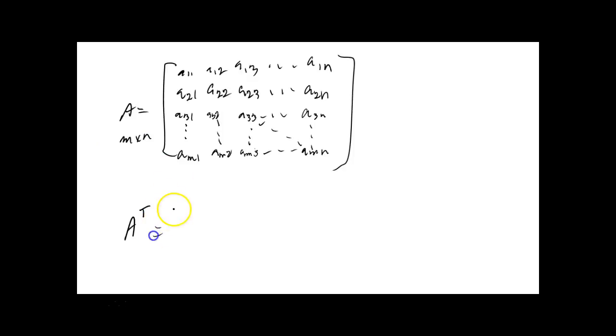And if you're exchanging rows and columns, that means the A transpose would have N rows by M columns, okay?